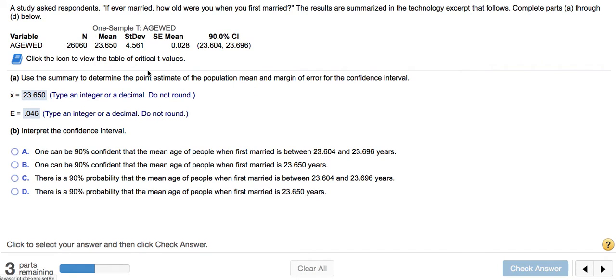And all that tells you is if you're at the middle of this interval, if you go 0.046 in either direction, you'll get either of the endpoints of the interval.